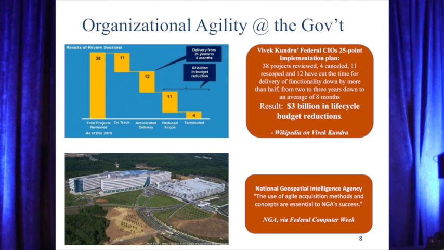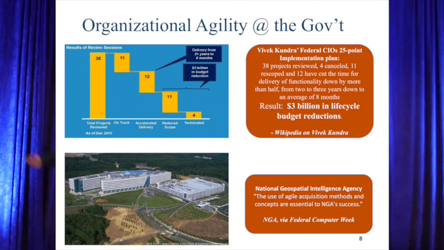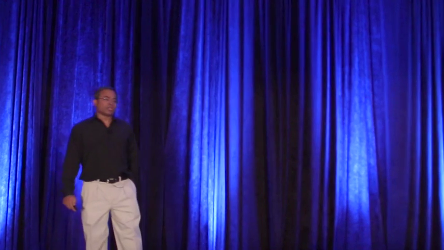Primarily, they do classified stuff in support of national security. They're looking at implementing agility so that they can respond to fast changing conditions and provide intelligent information to other agencies in the intelligence community. So NGA is using Agile to become Agile in itself as an organization.